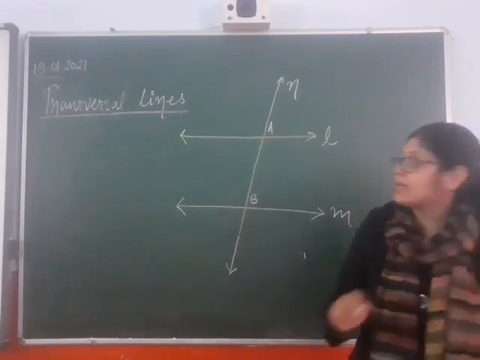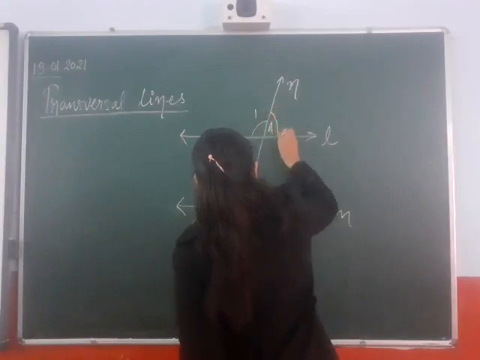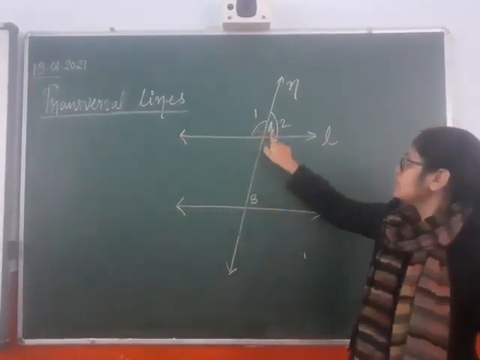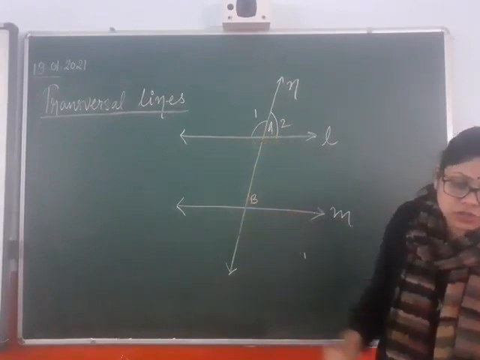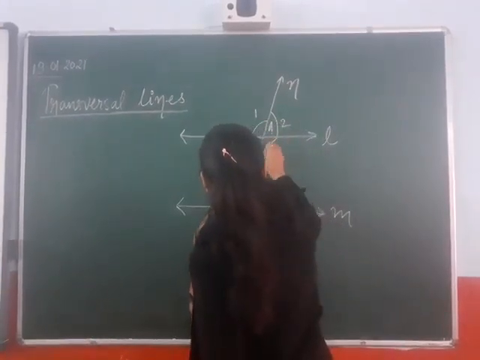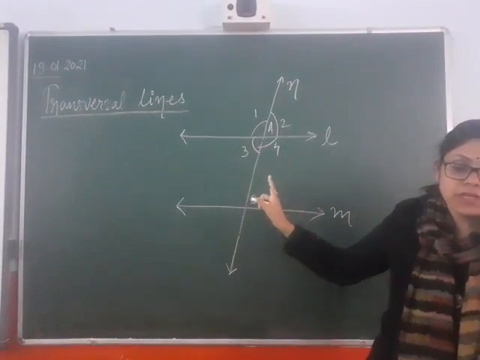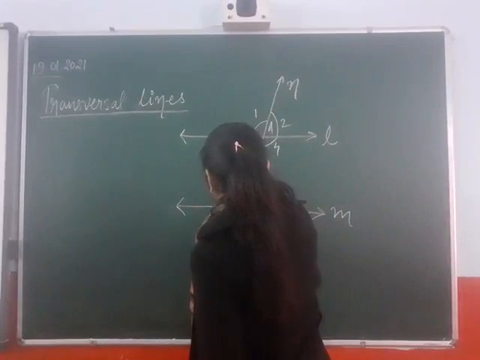Now, how many angles are forming here? Can you check this? 1, 2, 3, 4, 5, 6, 7, 8. So this many angles are forming. So 1, 2, 3, 4 are 4 angles at point A, and then you will see 5, 6, 7 and 8.